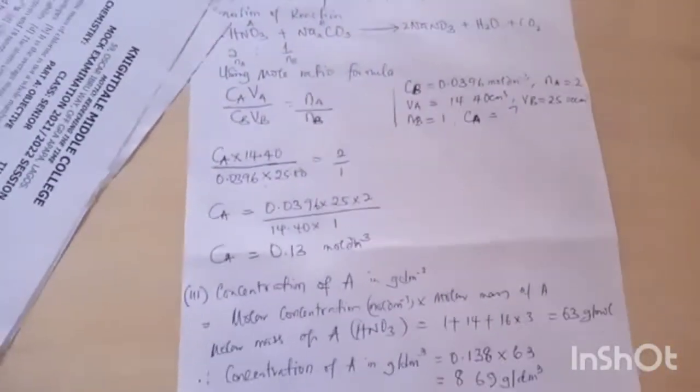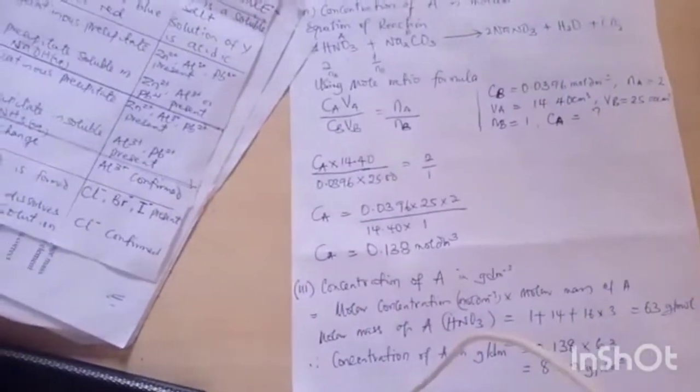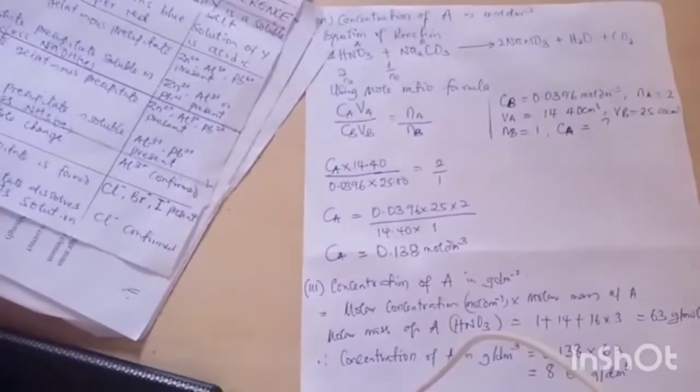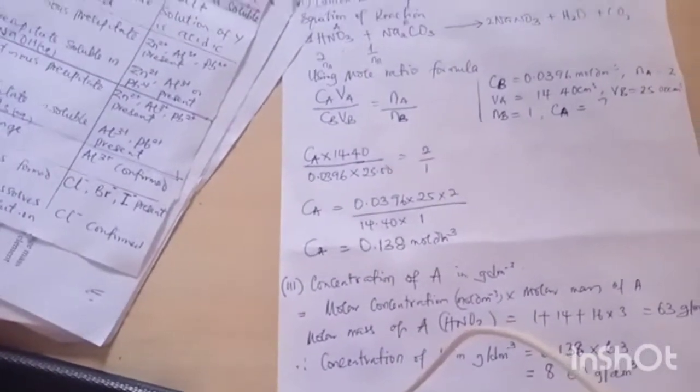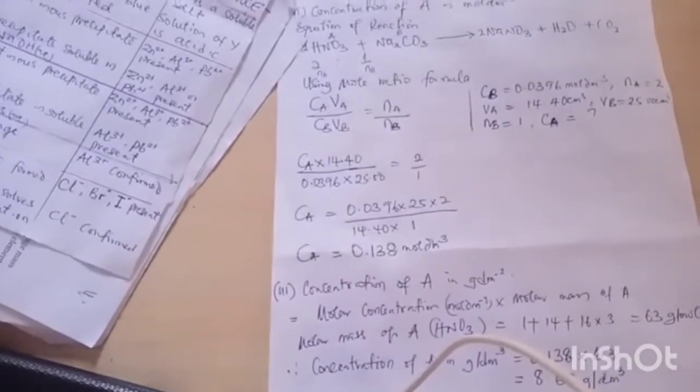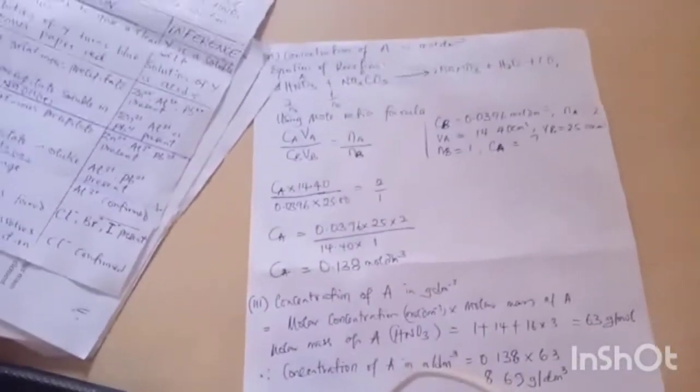And when you work that out, you have that CA is equal to 0.138 mol/dm³.